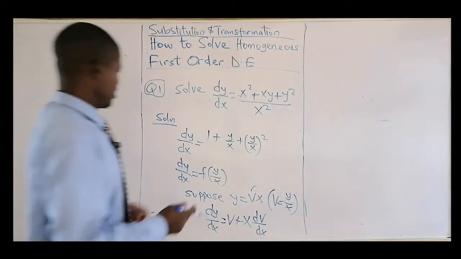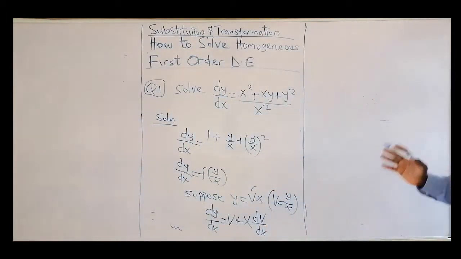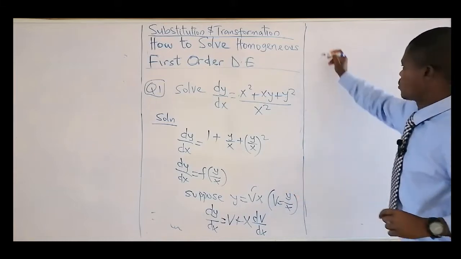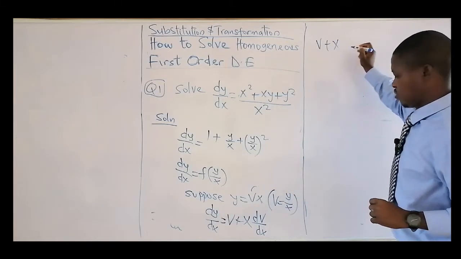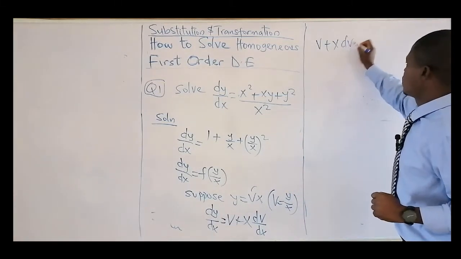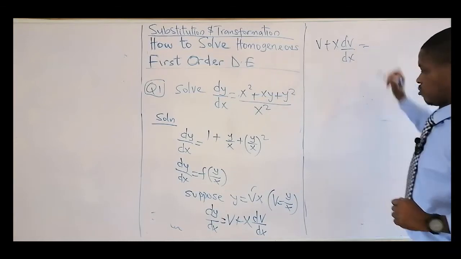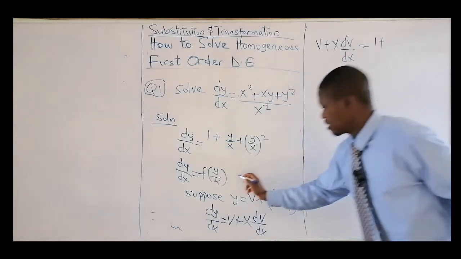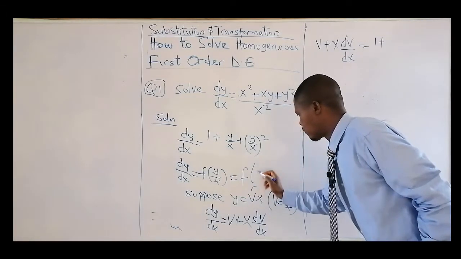Then the next thing to do is to change the variable. Your dy/dx, we have the new expression for that, which is v plus x dv/dx equal to 1 plus, and don't forget that this one is now a function of v.